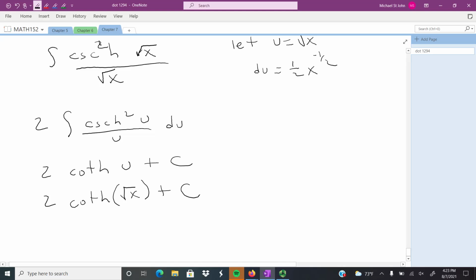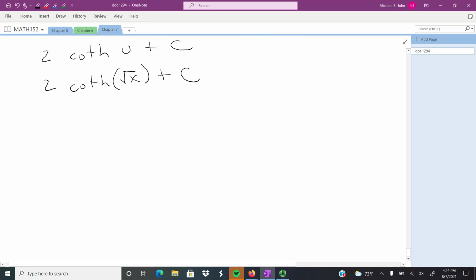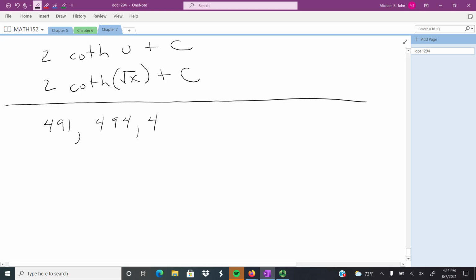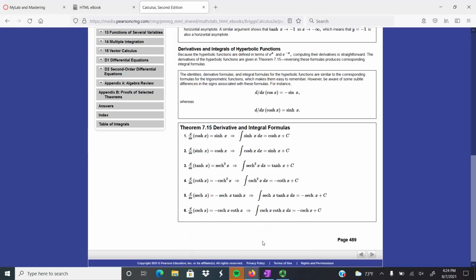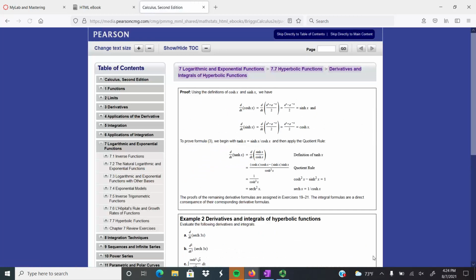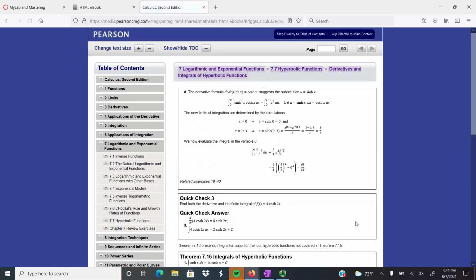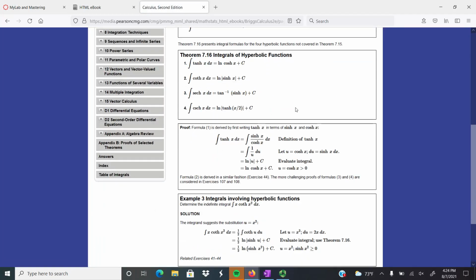Let's see, another few more pages to reference here. And so we're going to look at pages 491, 494, and 495. Again, more tables of stuff. So let's quickly look at those few pages. So we want 491. So 491, we have this theorem 7.16, integrals of my hyperbolic functions.